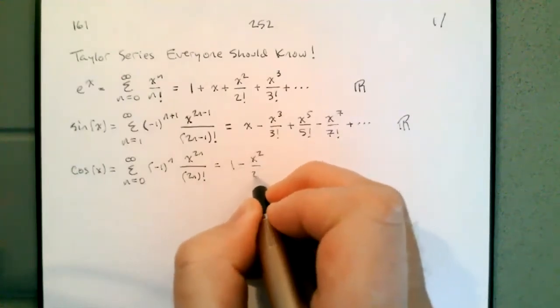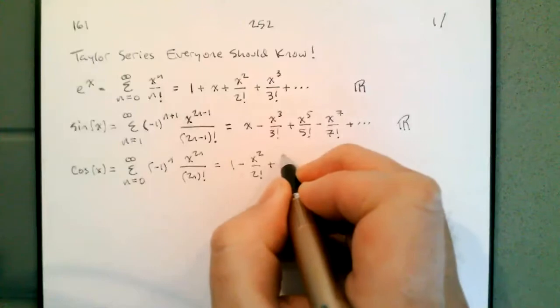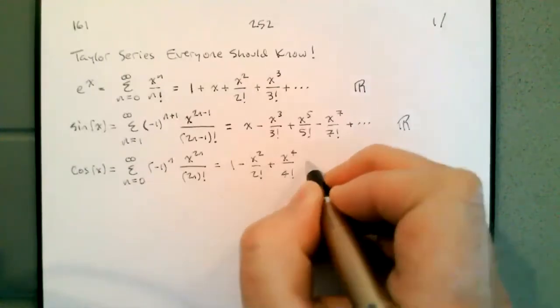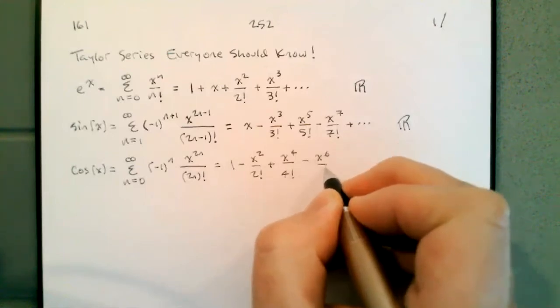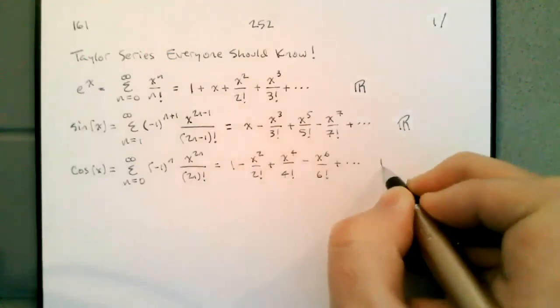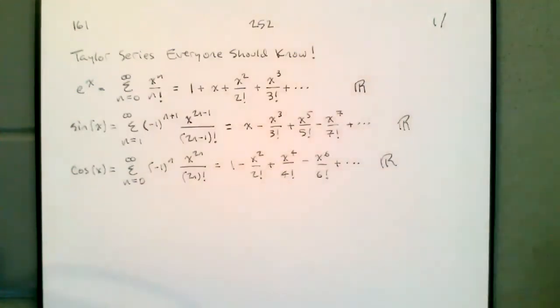Minus x squared over 2 factorial plus x to the 4th over 4 factorial minus x to the 6th over 6 factorial, and so on. And just like sine, this converges for all real numbers. It would be weird otherwise.